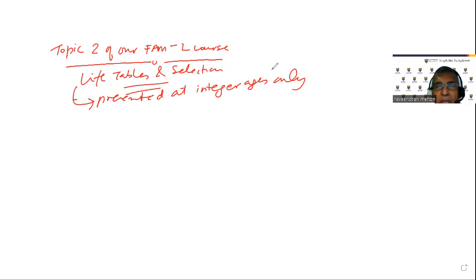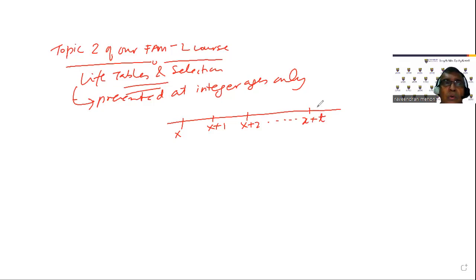What does that mean? That means we are looking at, let me draw a timeline here, x, x plus 1, x plus 2, and so on, right up to x plus t. These are all integer ages. So life tables are presented at integer ages only.